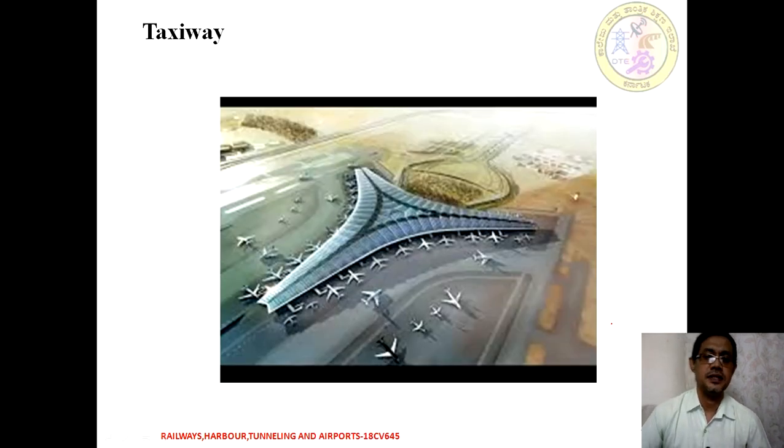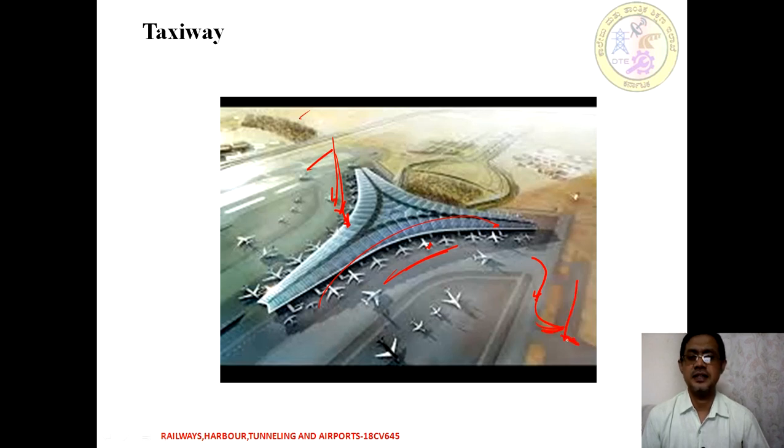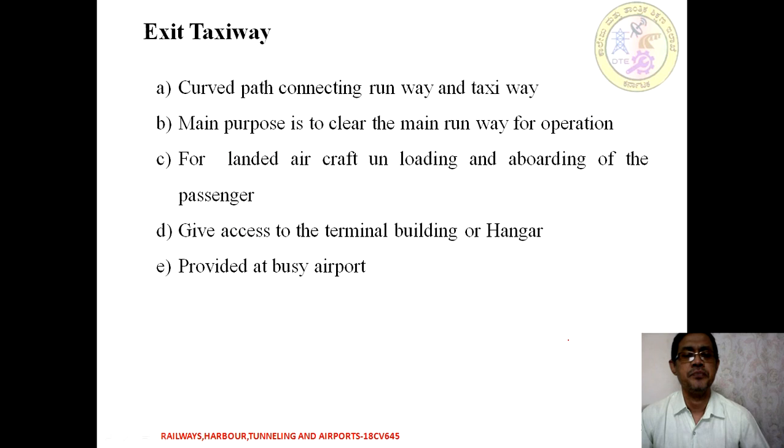So this is the area where we can see there is a main runway. Then apart from that, directly we have a taxiway here. Then this is the exit taxiway moving towards the apron. Here also we have a terminal building, so once again this is an apron. Then this is the exit taxiway, and this might be the taxiway we have provided.